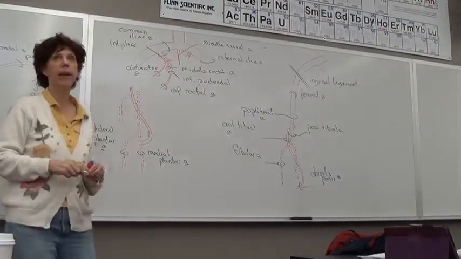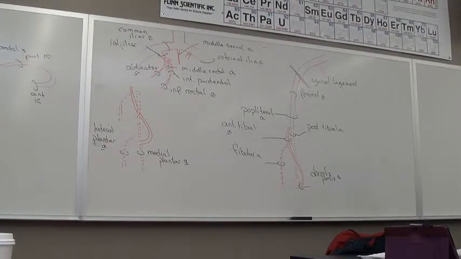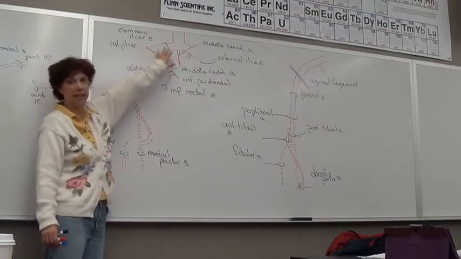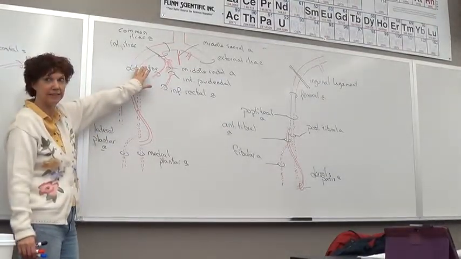So if I wanted to trace a drop of blood from the heart to the bottom of the foot on the little toe side, I would go ascending aorta to the arch of the aorta, thoracic, abdominal. The abdominal would end by forming common iliac, and then I would take external iliac.